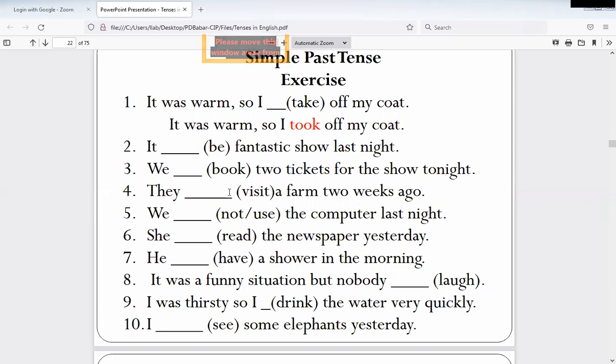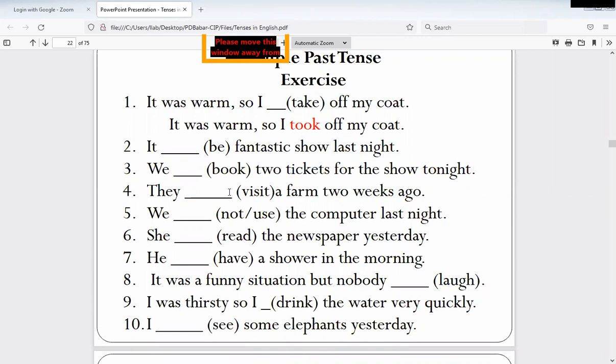If this sentence were a positive, affirmative or assertive sentence, then we would say we used the computer last night.